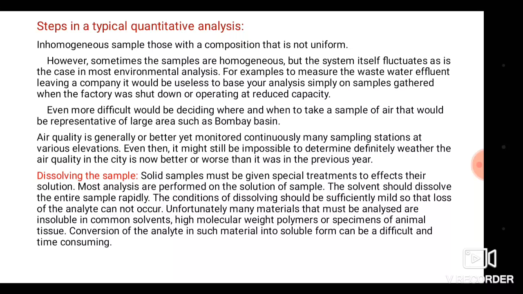So these are the homogeneous samples, and there are also samples with a composition that is not uniform. However, sometimes the samples are homogeneous but the system itself fluctuates, as is the case in most environmental analysis.